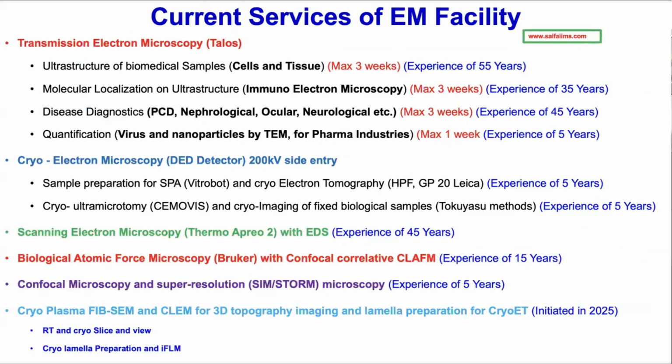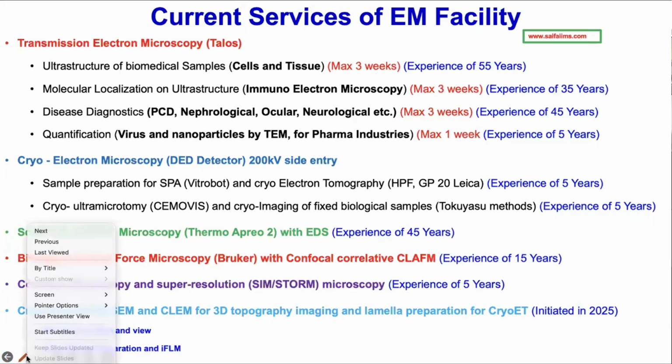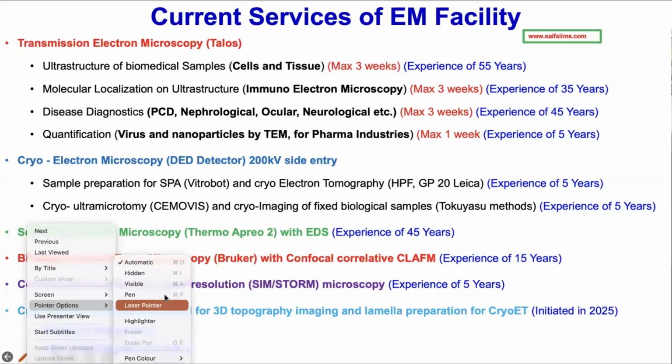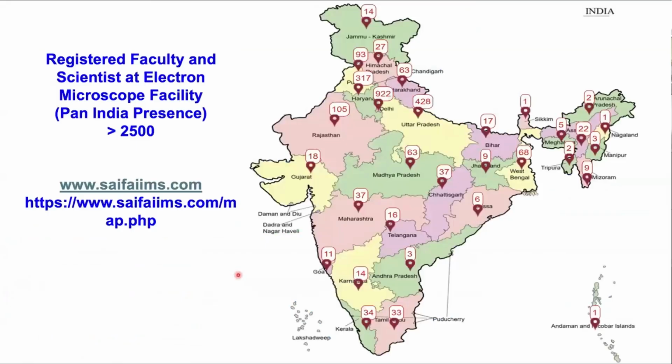Our services are huge. We have nearly 55 years of experience in biological transmission electron microscopy with diagnostic quantification, molecular localizations, cryo-electron microscopy, scanning electron microscopy, bio-AFM, and confocal with super resolution, as well as the recent plasma FIB system for correlative light and electron microscopy and 3D tomography for lamella preparation.